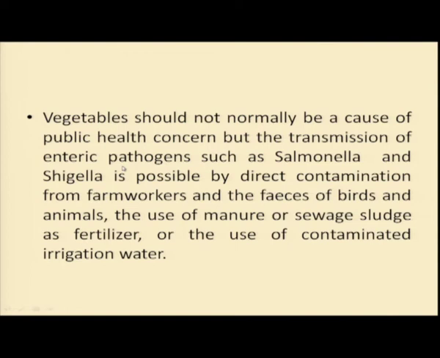Now, normally most of the spoilage microorganisms of vegetables are not pathogens, but you do have the transmission of enteric pathogens like Salmonella and Shigella by direct contamination from farm workers and the feces of birds and animals, the use of manure or sludge as fertilizer, or the use of contaminated water.